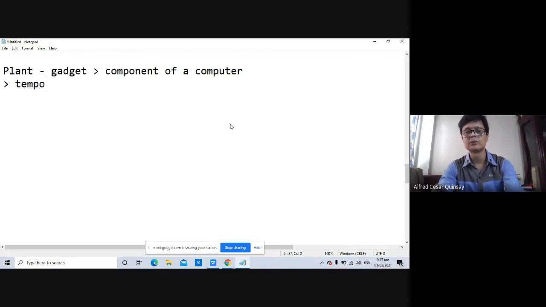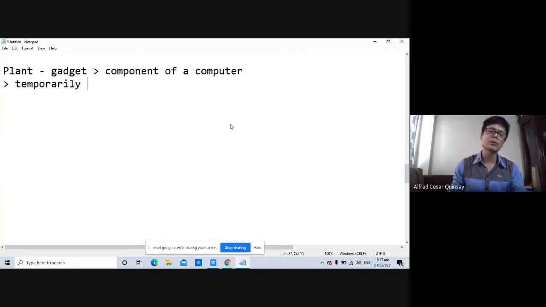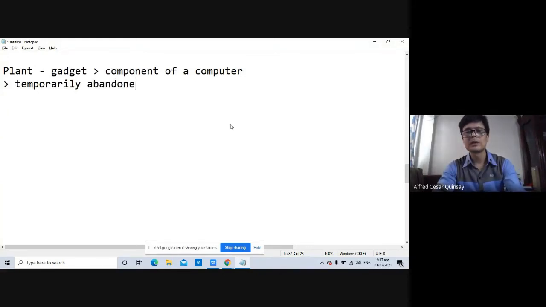Ibig sabihin, since bumaba yung demand, hindi muna nila gagamitin. So pagka temporarily abandoned, hindi naman ibig sabihin held for sale na. Kasi pagka nag-pick up na yung demand, lumakas na yung demand ng component ulit ng computer, then gagamitin ulit nila yon. So in such case, yung PFRS number 5 paragraph 14 ang mag-govern doon.